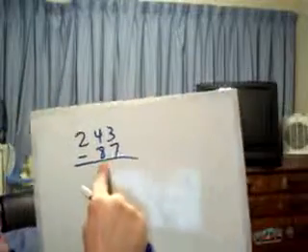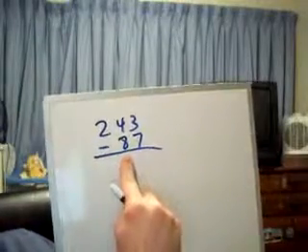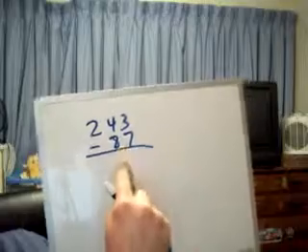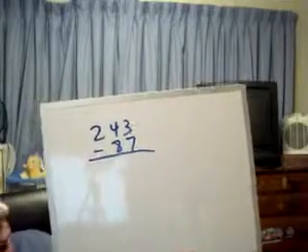so how do we do this in the much faster way? Well, let me write down the problem one more time. So once again, we have 243 minus 87. Can we do this a little bit faster? Absolutely.